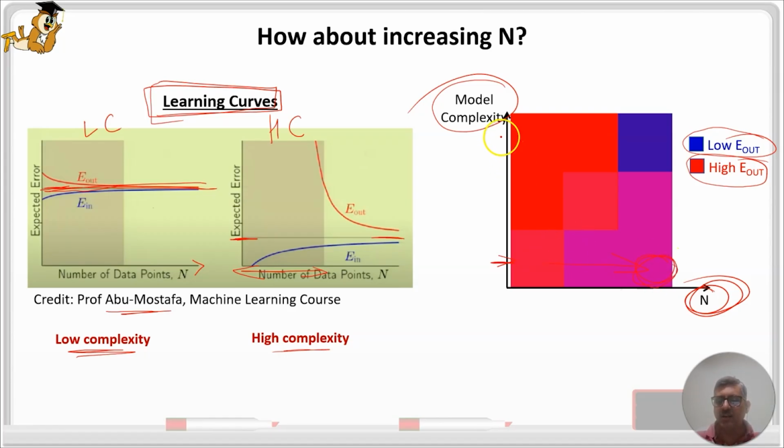On the other hand, for high complexity models, you will begin with substantial error. This may become even redder at some point in time as your model complexity goes up, but eventually you will reach a position where you will hit the blue region. I have tried to do this in a 3x3 grid, to explain how n and model complexity together impact your Eout.